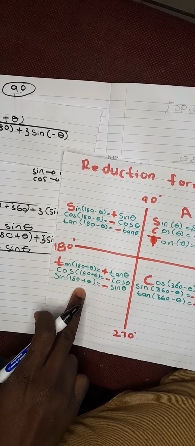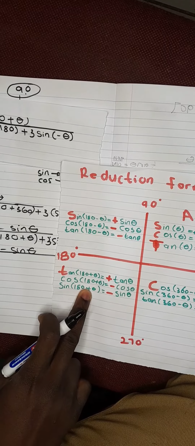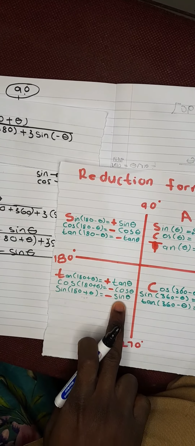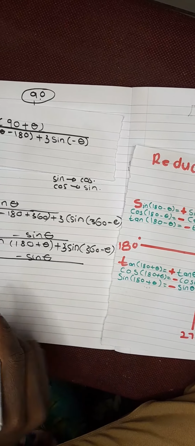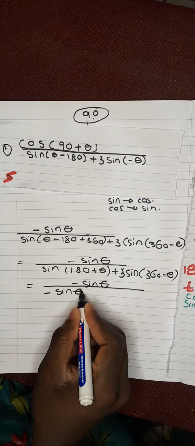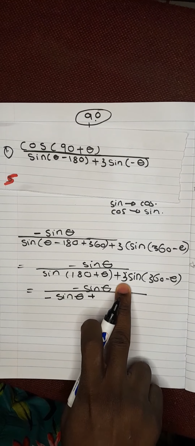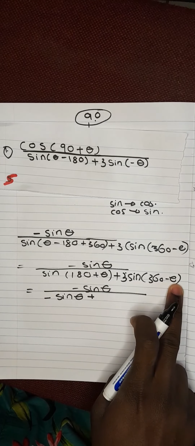180 plus, meaning we go to our third quadrant, and in my third quadrant I can see my sign is negative, meaning I'm going to have negative sin theta, plus 3 sin(360 minus theta).